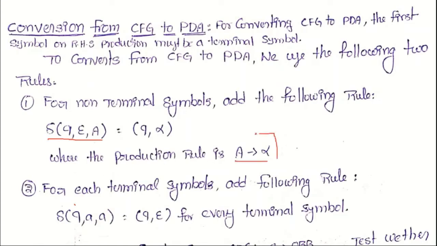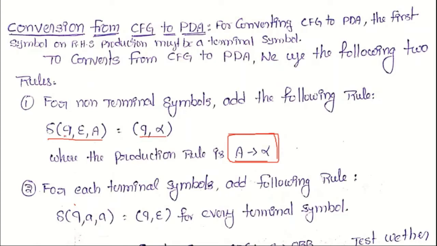Then this non-terminal related production rule can be written in the PDA as delta of q, epsilon, A, where q is a state, epsilon is any input symbol from the given grammar, and A is this particular non-terminal. Then it can be written as q comma alpha. So the RHS can be written here and then we go to the same state q.